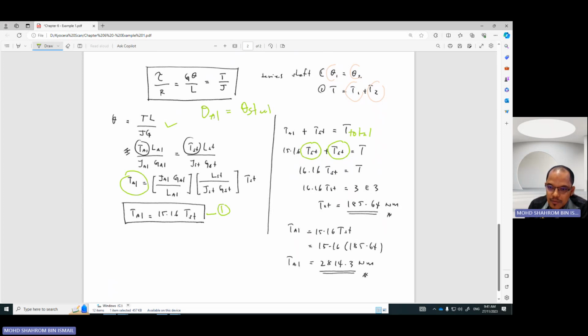So at the end of the day, we managed to get torque steel to be 185.64 Newton meter. And then we use this number in this equation, and we find torque aluminum is equivalent to 2814.3 Newton meter or 2.8 kilo Newton meter.